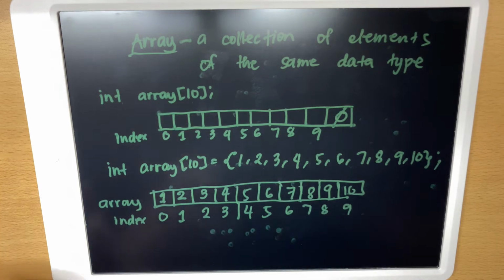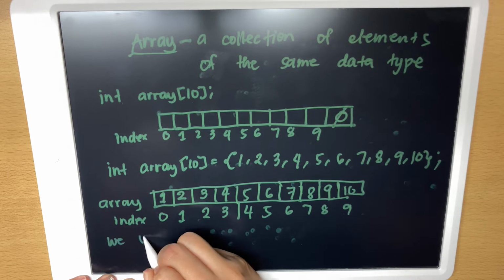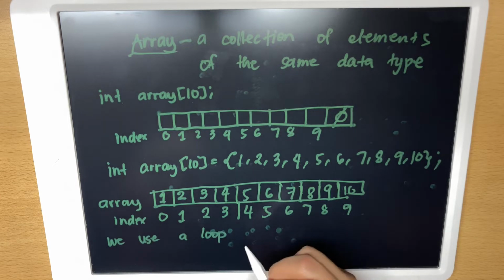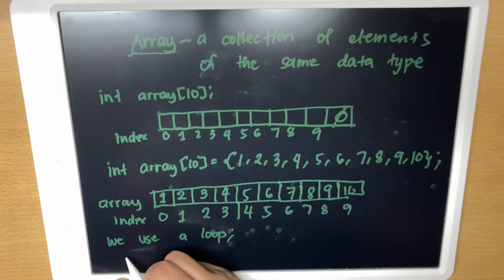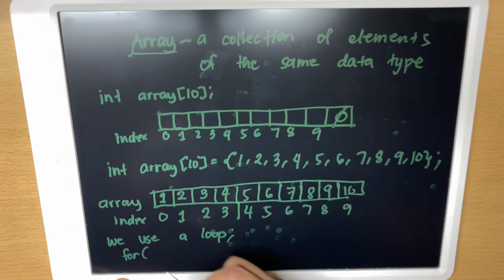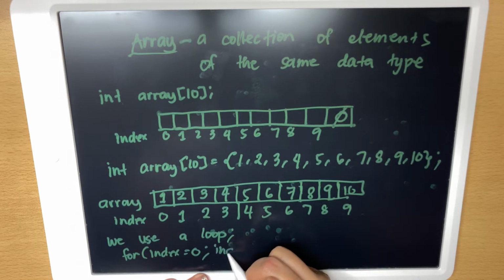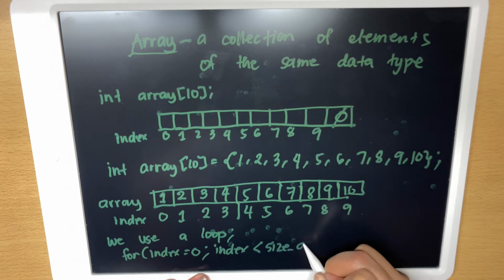And to traverse this array, we use a loop, wherein if we're going to use a for loop, it would be for index starting at 0 until the size of the array.